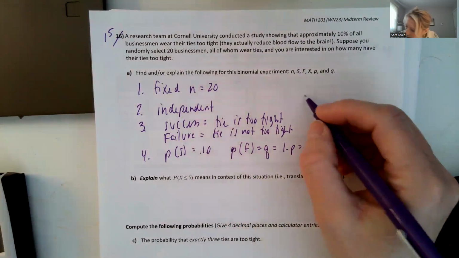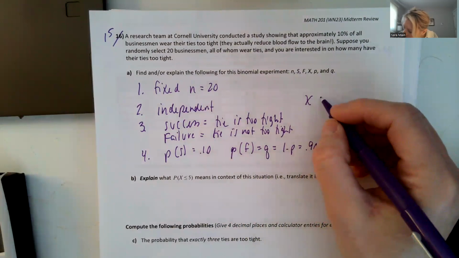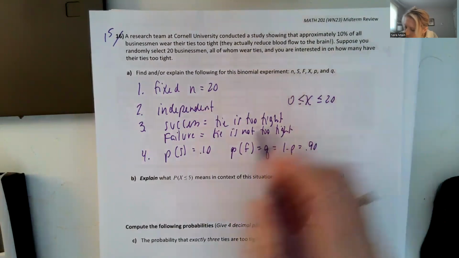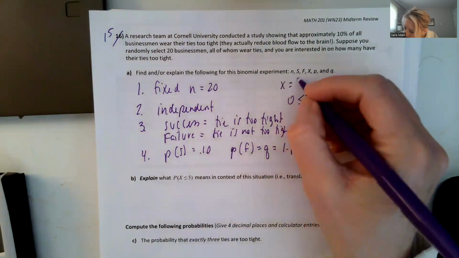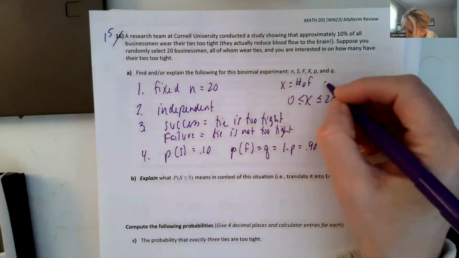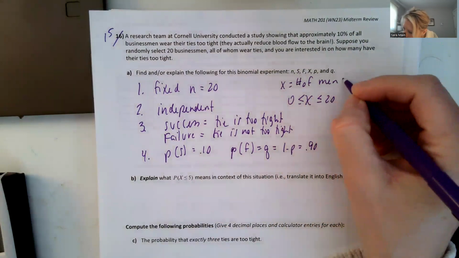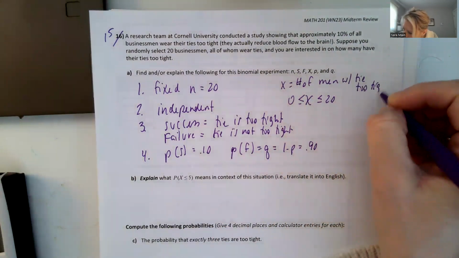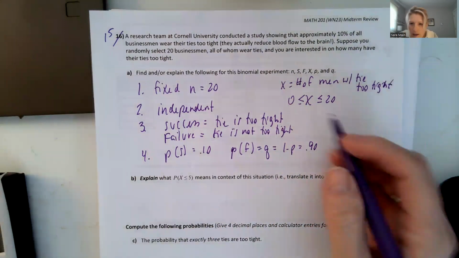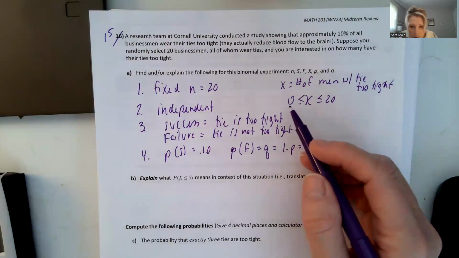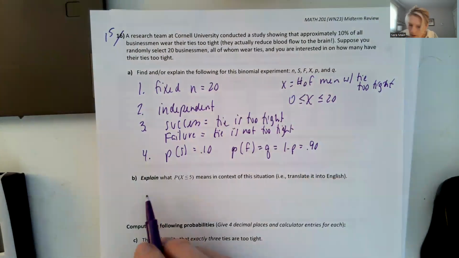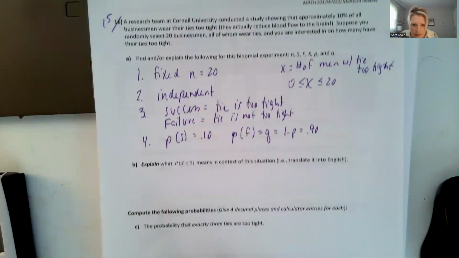And then X is going to be between 0 and 20, because X is the number of men with tie too tight. So we could have anywhere from 0 of the men that wear their ties too tight all the way through all 20 of them. Okay, explain what this means.